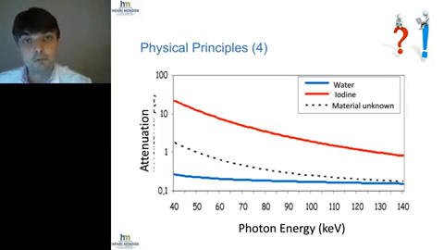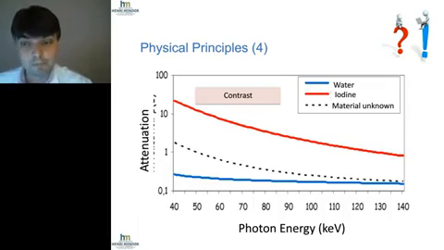So if you are able to reconstruct a monoenergetic level very close to, for example, 50 keV, then you will improve the contrast within your image because you will improve the attenuation linked to the iodine within your image. First benefit of using spectral imaging.